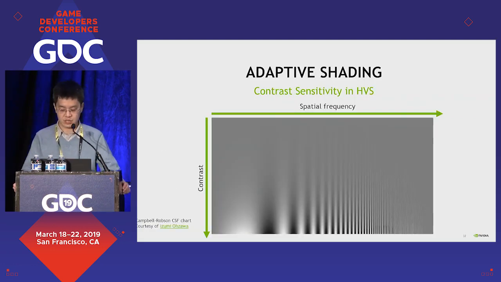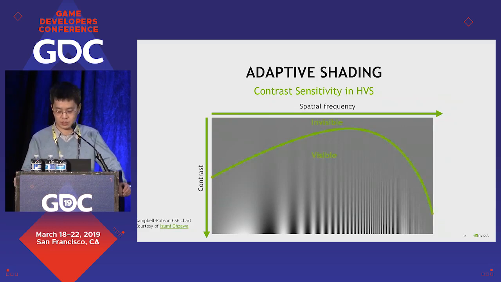Here's a visualization chart called the Campbell-Robson chart that shows how spatial frequency and contrast affect sensitivity in the human vision system, or HVS. Assuming the vertical bands are some error signal, we can see that the spatial frequency and contrast have some interesting interaction when affecting visibility of that signal.